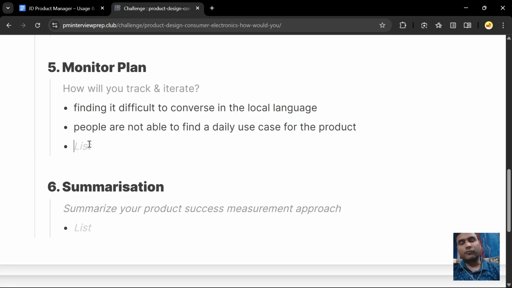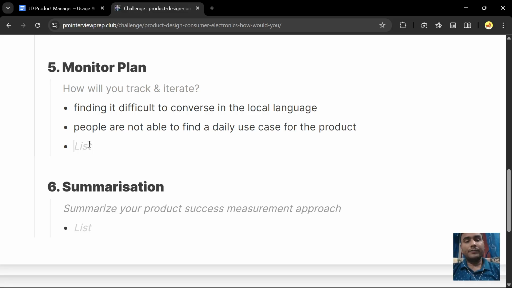We use it for a few days, but after that we do not find continued value in the product, and as days pass, we lose interest and it becomes just a product sitting in our home. Maybe that could be the reason people are not using it.